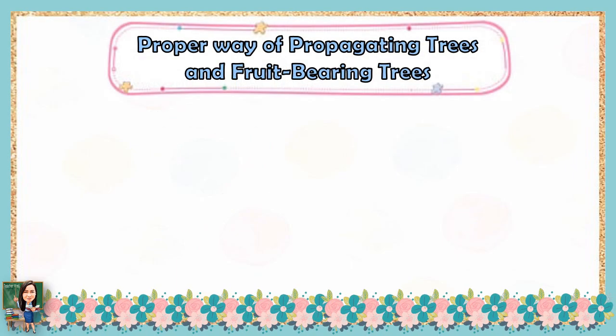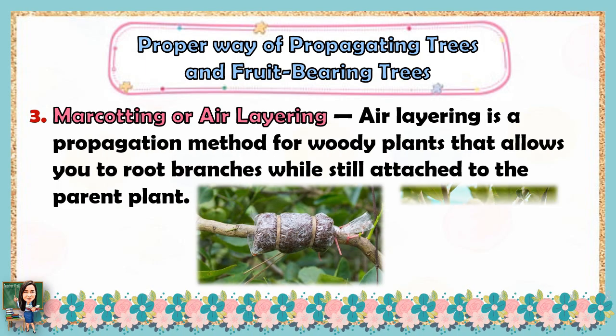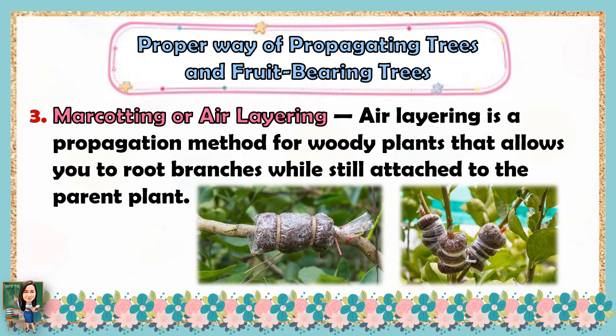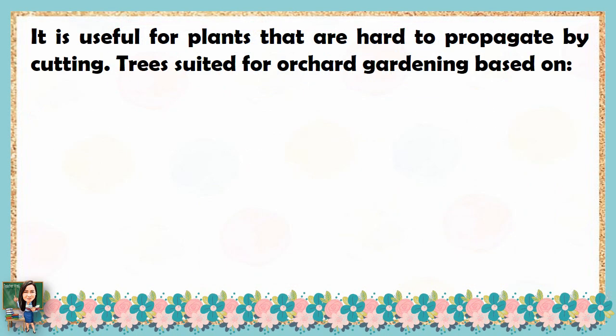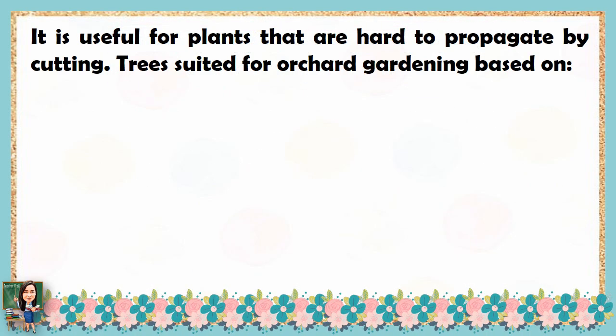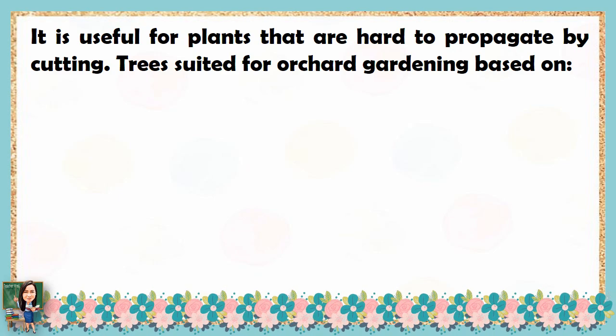Another proper way is number 3, marcotting or air layering. Air layering is a propagation method for woody plants that allows you to root branches while still attached to the parent plant. It is useful for plants that are hard to propagate by cutting.